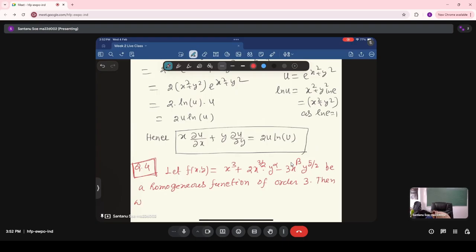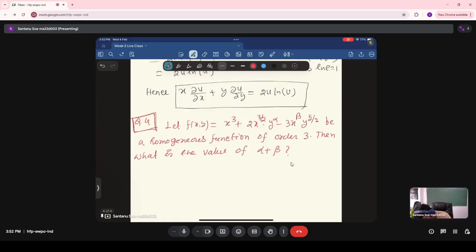Then what is the value of alpha plus beta?